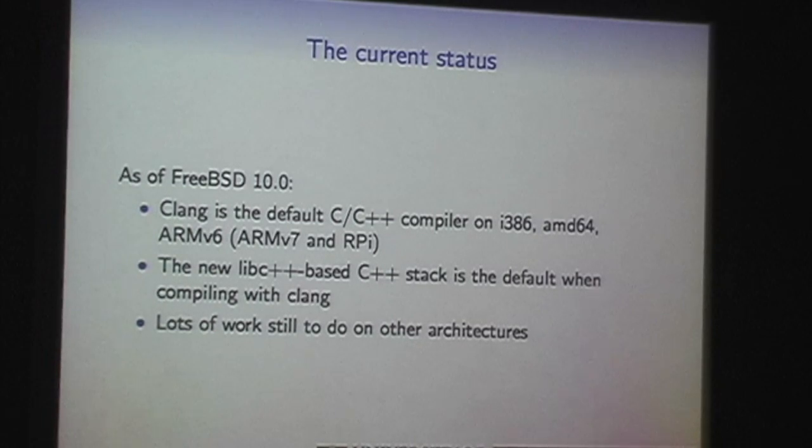So the status as of FreeBSD 10, which we shipped a couple of months ago, is that Clang is the default and indeed the only installed system compiler for C and C++ on x86, both 32-bit and 64-bit, and on ARMv6. For those of you who are not FreeBSD people, ARMv6 is what we call ARMv7 plus Raspberry Pi.